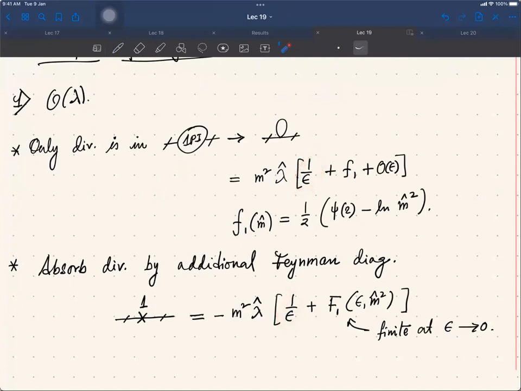So what we would have is that m square lambda hat minus m square lambda hat times this.